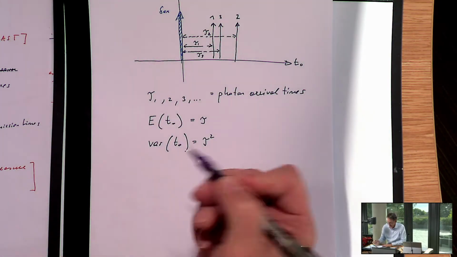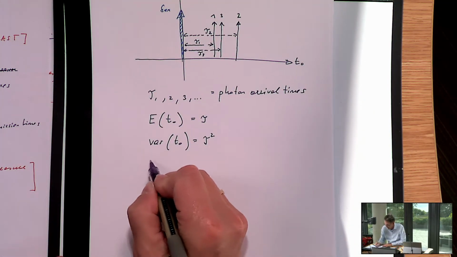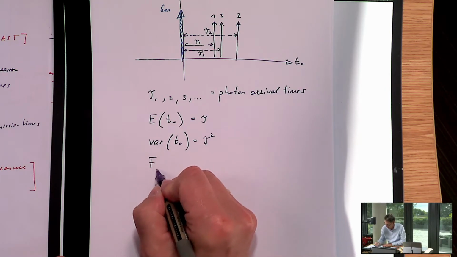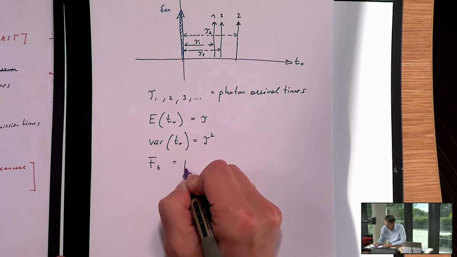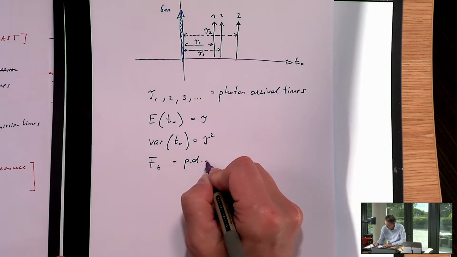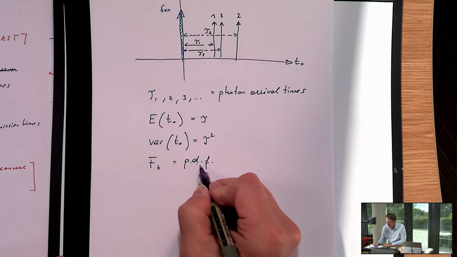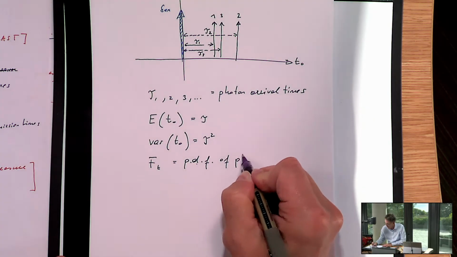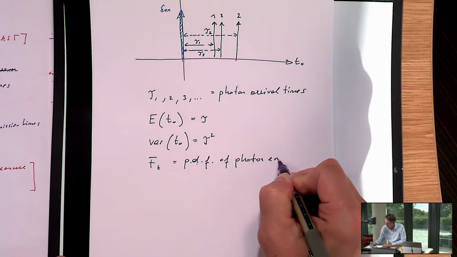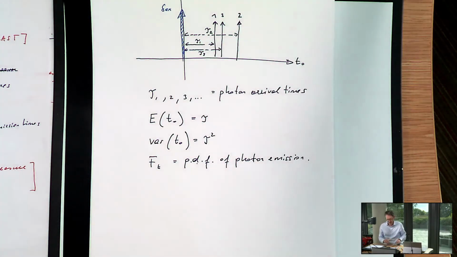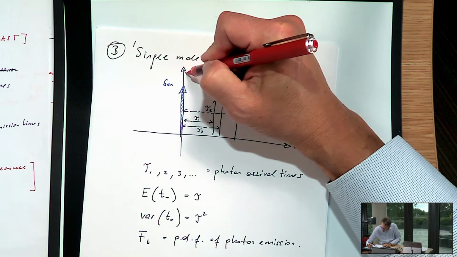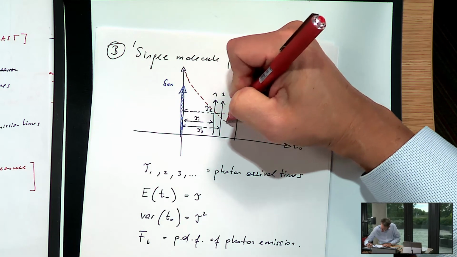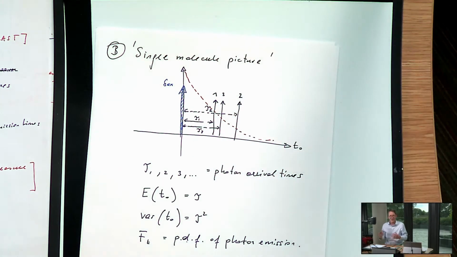The lifetime decay can now be interpreted as a function, so let's call it f of t, is the probability density function of photon emission. So in other words, if I put lots of pulses in, I map out the arrival times, I will get a distribution that looks exactly the same as in the previous picture.